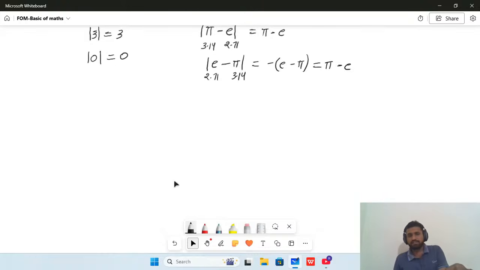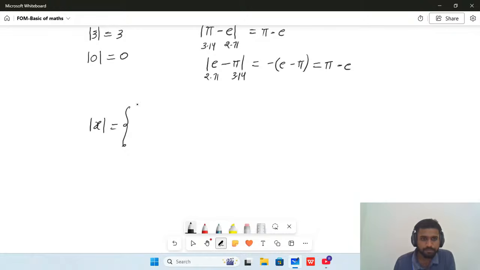Suppose mod x is there. How to open this modulus? Mod x can be opened as plus x if x is greater than 0.